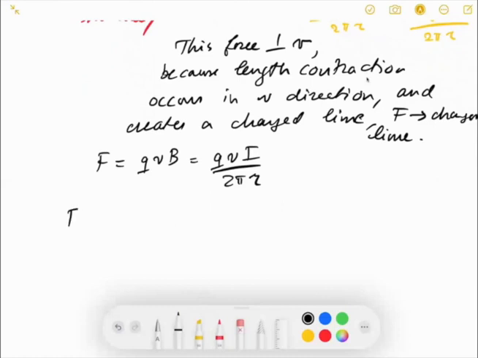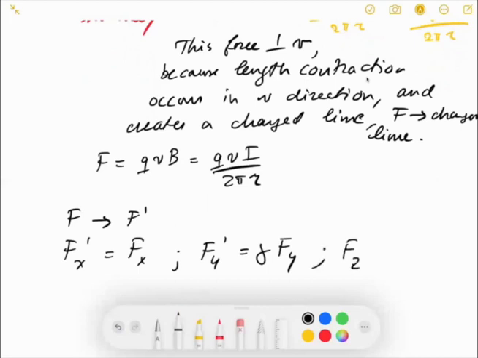So if you go from F to F prime, then your Fx prime is actually your Fx. Your Fy prime is actually gamma times Fy.